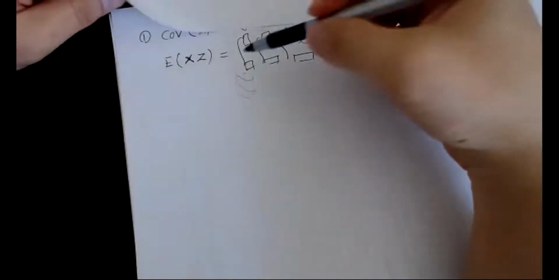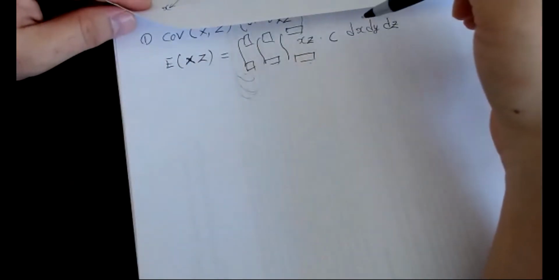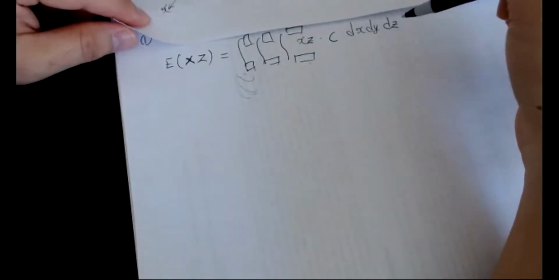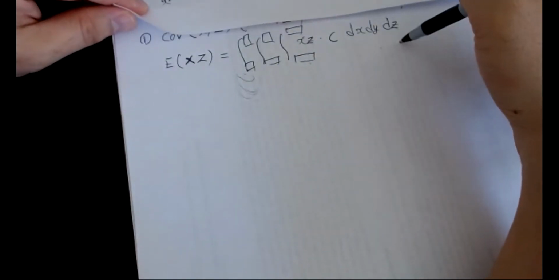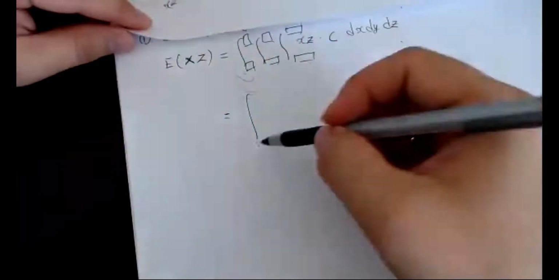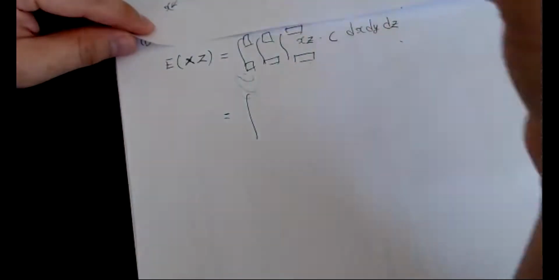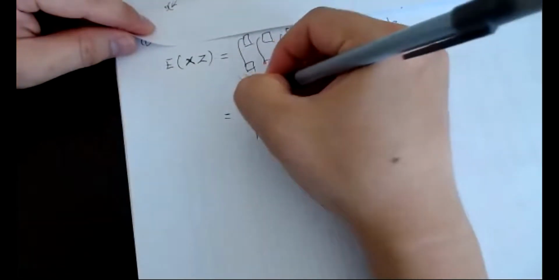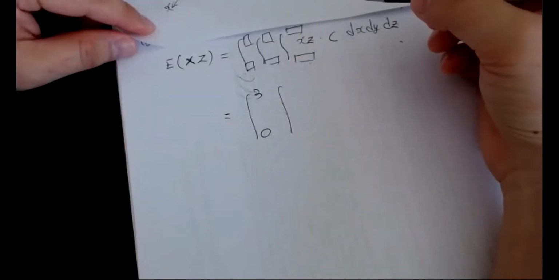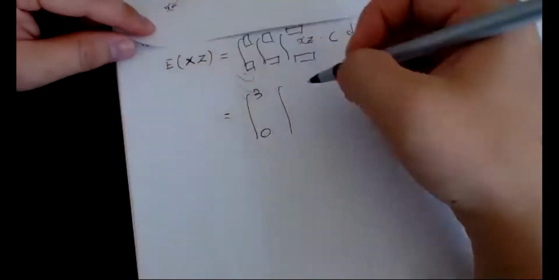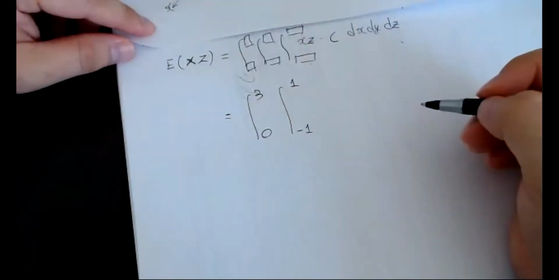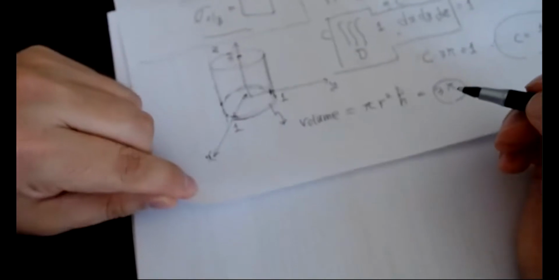So I'm going to integrate with respect to y first, then x next, and z last. The limits of integration for z are 0 to 3. Next, the limits of integration for x are negative 1 and 1. Does it make sense? Because look at this.